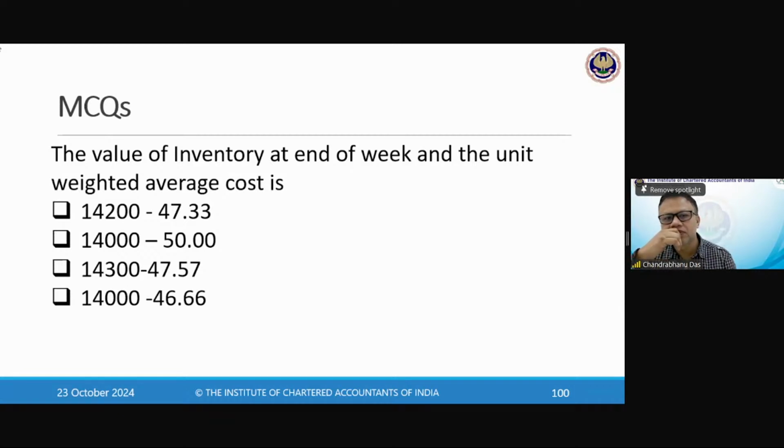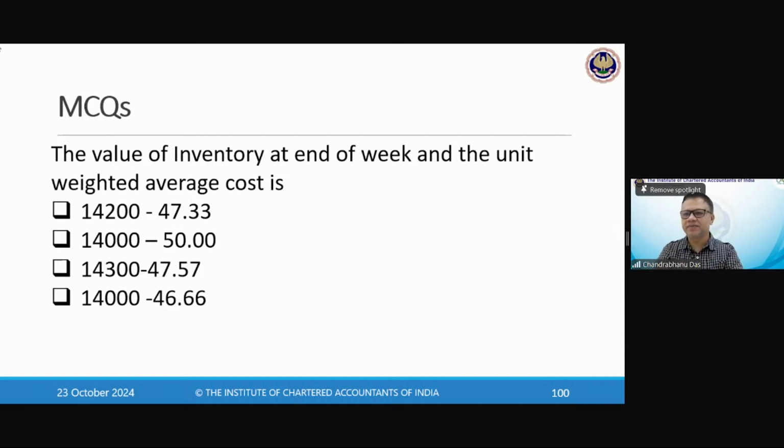You are getting 46.33, and the value of inventory as around 14,000. So you are choosing the option D. Yes, sir. So Chaitanya has chosen the option D.